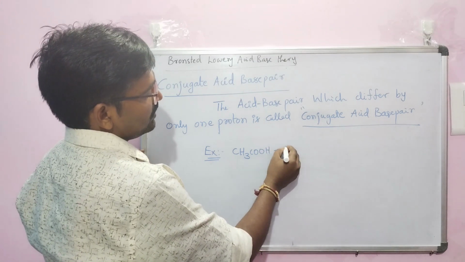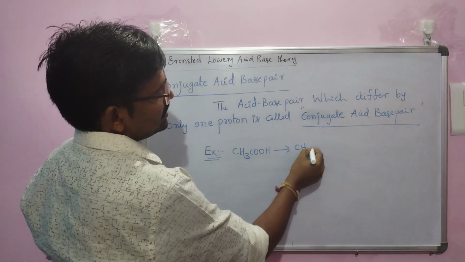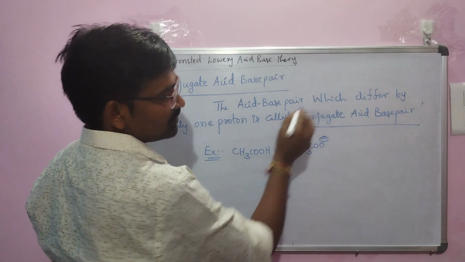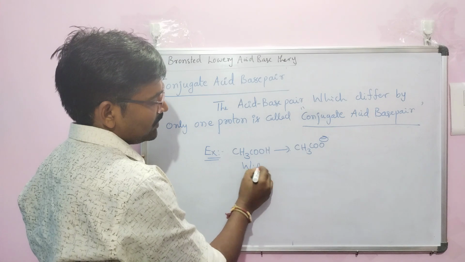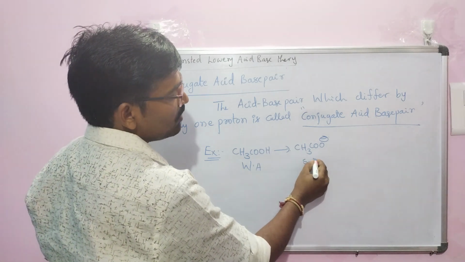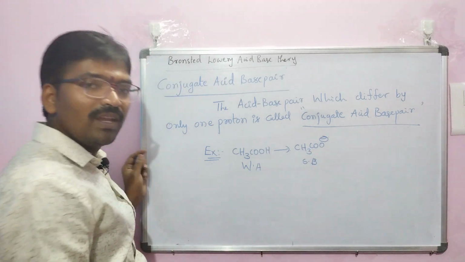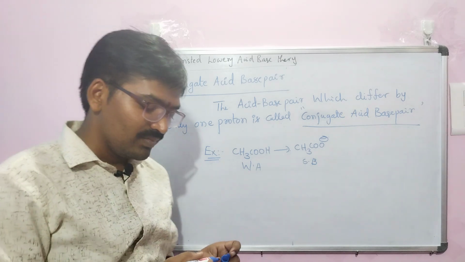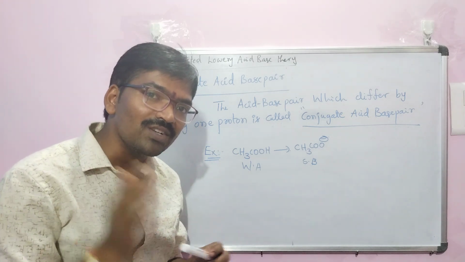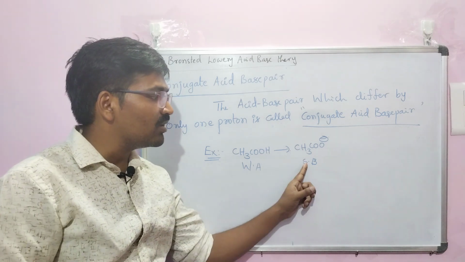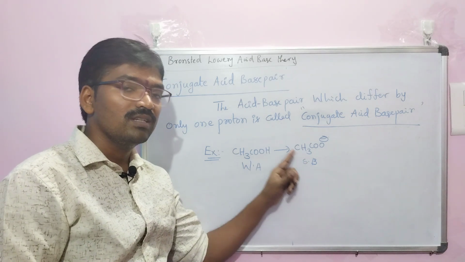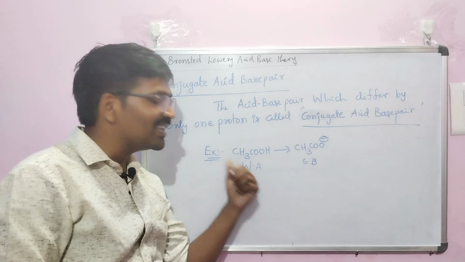For example, take CH3COOH and CH3COO minus. Here it is a weak acid, which will be converted to a strong base. As I told you, in a reversible acid base reaction, a weak acid can produce a strong base, and a strong base can produce a weak acid.